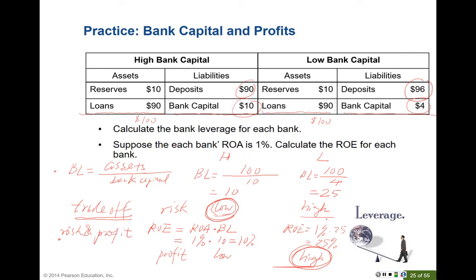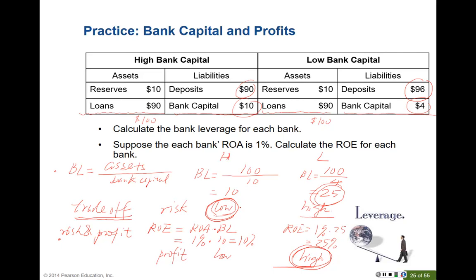A bank like the low bank capital relies more heavily on the liability, borrows more money, so it faces high risk, but at the same time, it increases the profit. For a high capital bank, the return is only 10%.